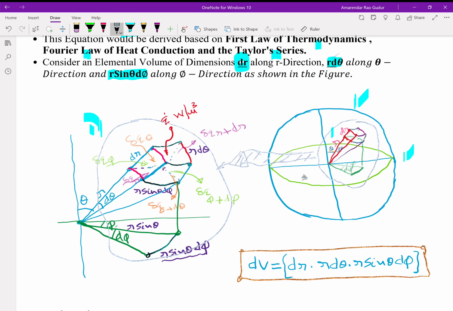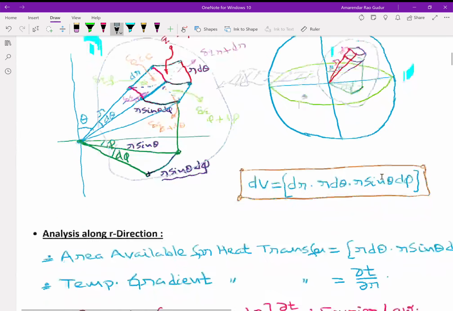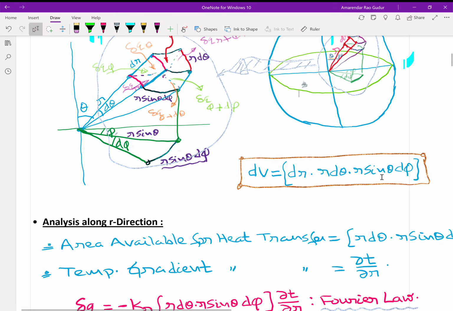As a result, the volume of the element in the spherical coordinate system will be r dimension dr times theta dimension r d theta times phi dimension r sin theta d phi. So once we understand how this volume is obtained, once we understand how this element is picked up, it becomes easy for us to derive the equation.